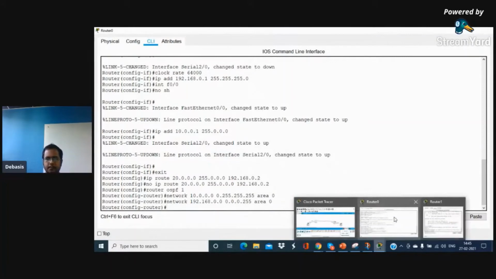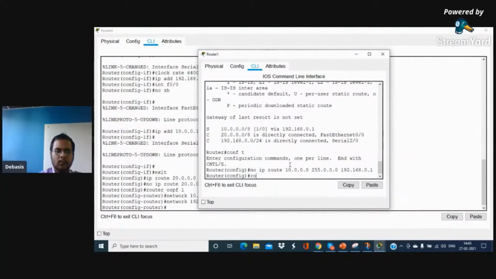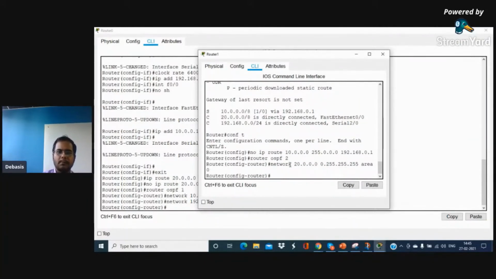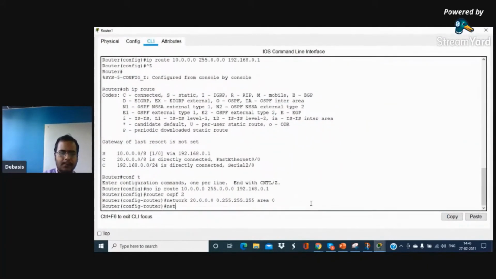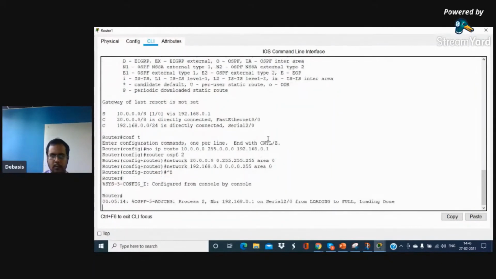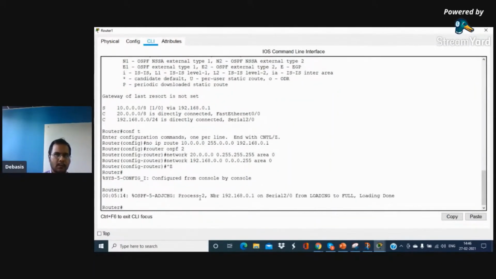And on router B, the process ID can be anything, it can be 1, it can be 2 also. The network would be 20.0.0.0, and you have to connect it to the backbone area 0. And again 192.168.0.0 with the wildcard mask. So this way you have to configure OSPF, and see, it has already formed the neighbor relationship.